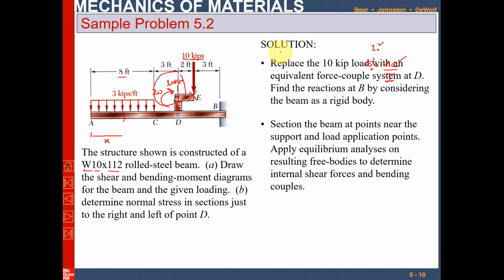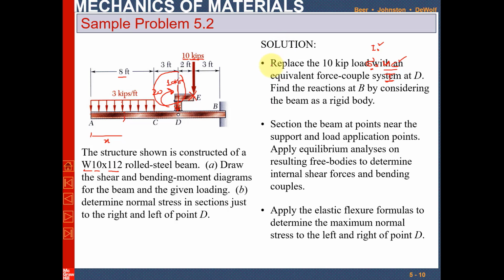So the steps of this solution: first of all we have to replace this 10 kips force at point D with a force and a couple system at D. The second step is to replace the reaction support, where you will find RBX and RBY. Clear?